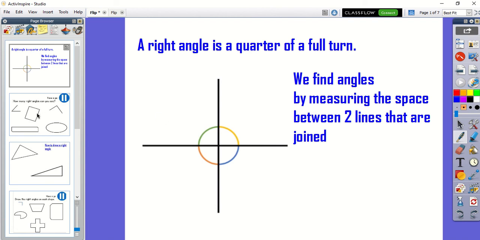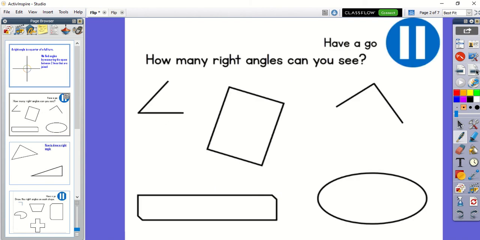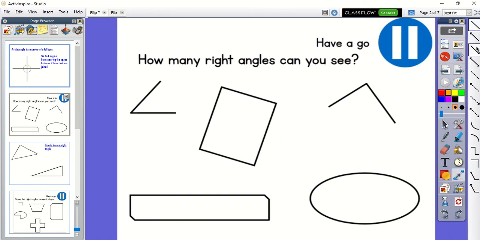Okay? So, let's have a look at this question. How many right angles can you see? So, I'm going to do this shape here. And then you're going to see if you can find any more out of these shapes. So, let me get my line tool. Okay, so in this shape, well, I've got this here, but that's not a quarter of a turn.